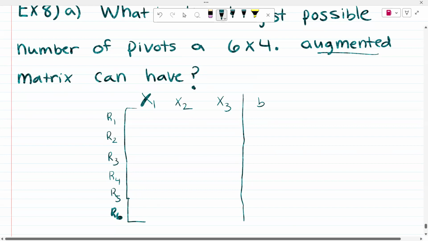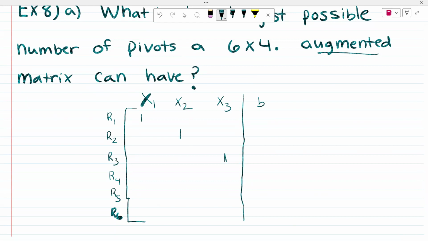So it says, what is the largest possible number of pivots of a 6 by 4 matrix? So x1 row one could be a pivot. X2 row two could be a pivot. X3 row three could be a pivot. And I think that's it. You can't go any larger. So they're asking what is the largest?